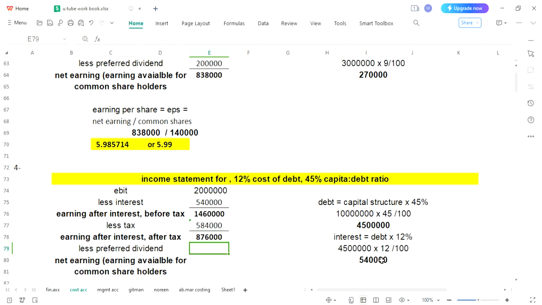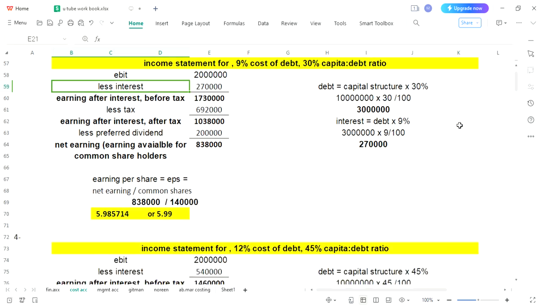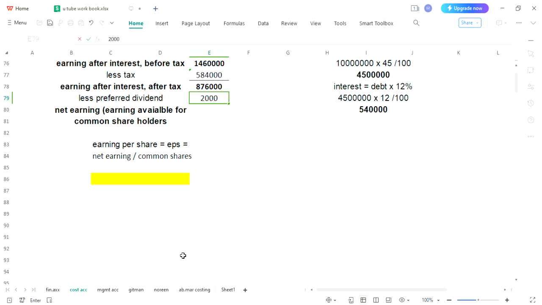We need to put preferred dividend, and this is given in your question, 2 lakh preferred dividend. Let's put it over here, 2 lakh, and now we can calculate earning after interest, tax and preferred dividend, that means earning available for common shareholders, by subtracting preferred dividend from previous earning. Your previous earning was 8,76,000. You need to subtract your preferred dividend, 2 lakh.